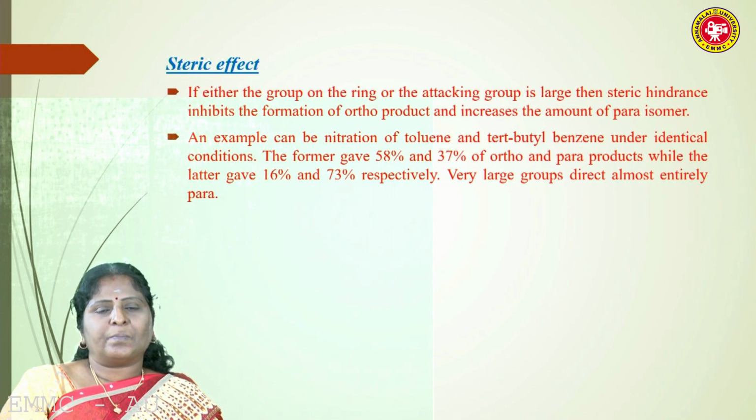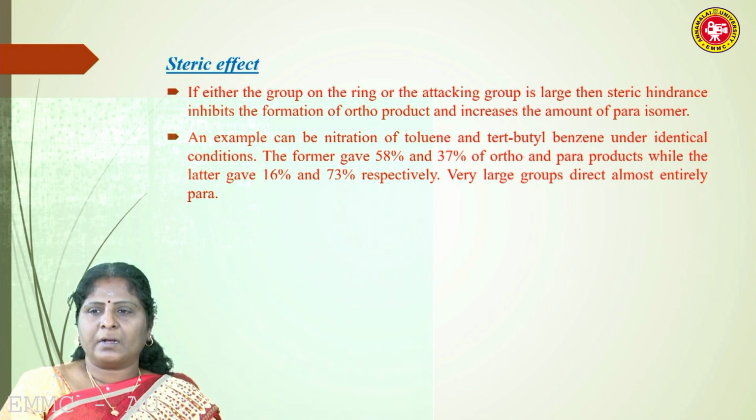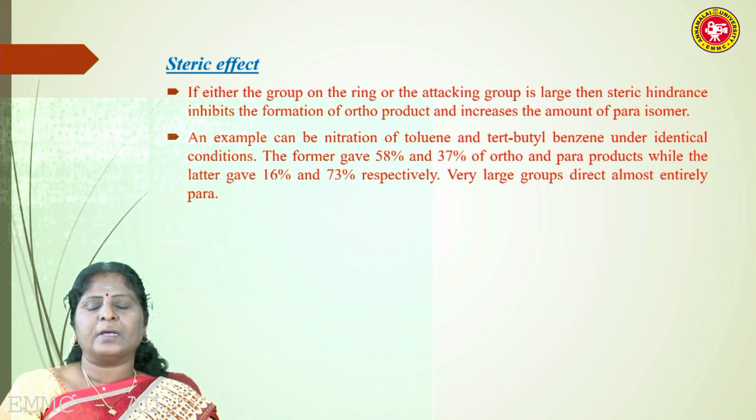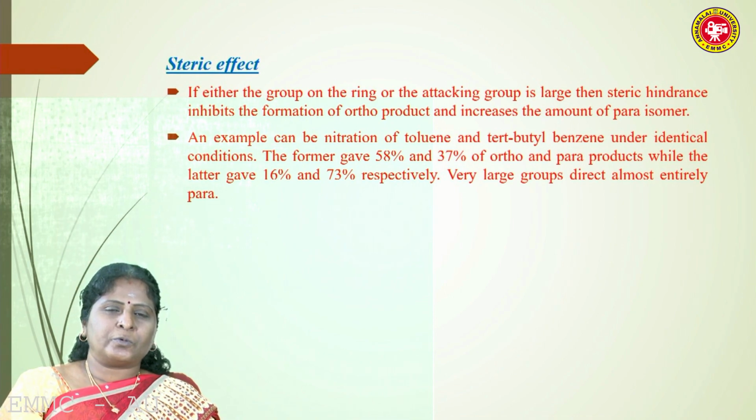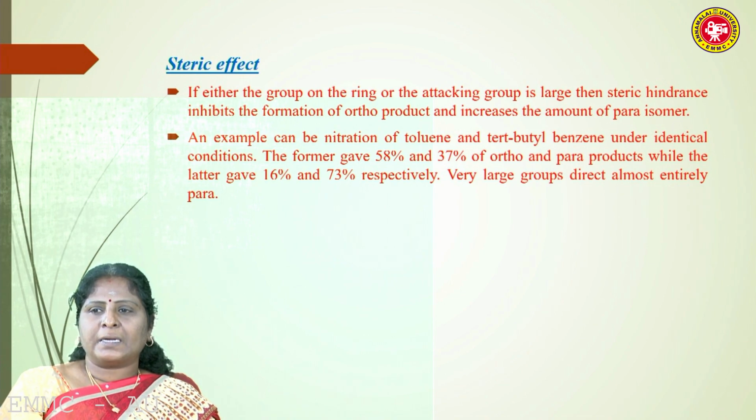A steric effect also plays a major role in the arenium ion mechanism. If either the group on the ring or the attacking group is larger, then the steric hindrance inhibits the formation of the ortho product, because both the ortho positions are sterically crowded. Then there is only one chance, the para substitution, that more probably occurs. So it reduces the ortho product and increases the amount of para isomer. An example can be nitration of toluene and tertiary butyl benzene under identical conditions.